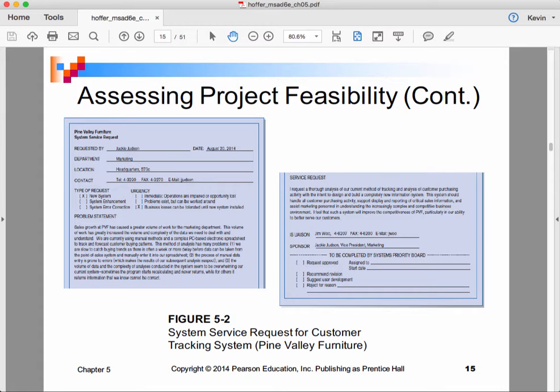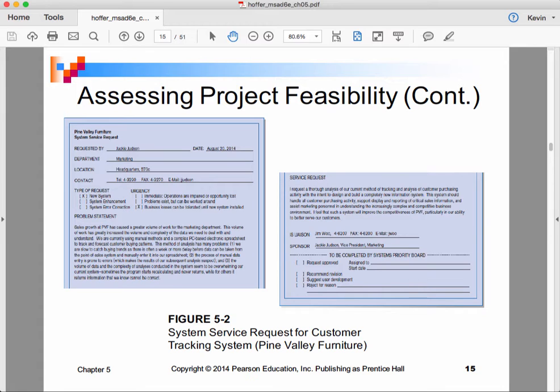So here we have a typical thing that might come out of an IT department where people are following a traditional kind of project planning methodology. This is a system service request for the customer tracking system.